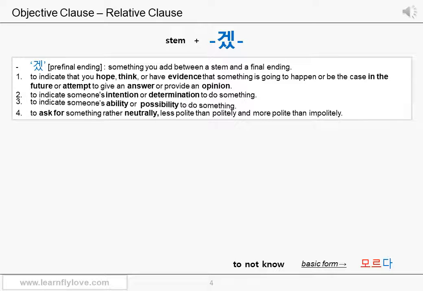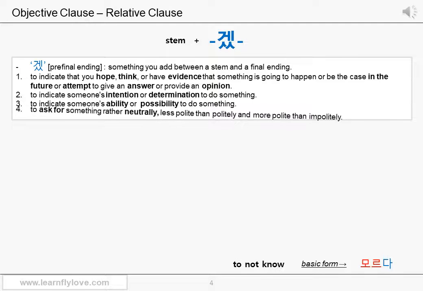Next one, to indicate someone's ability or possibility to do something. Okay, this one is new. Ability and possibility. It will take you a while to understand this, so just nod your head twice and keep going. Next one, to ask for something rather neutrally, which means less polite than politely and more polite than impolitely.